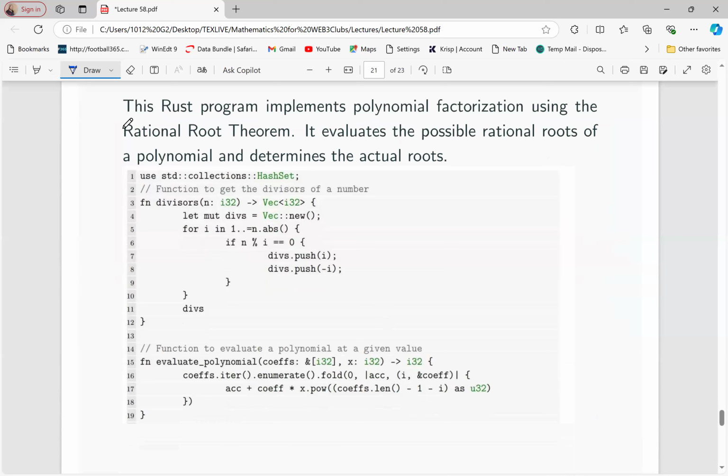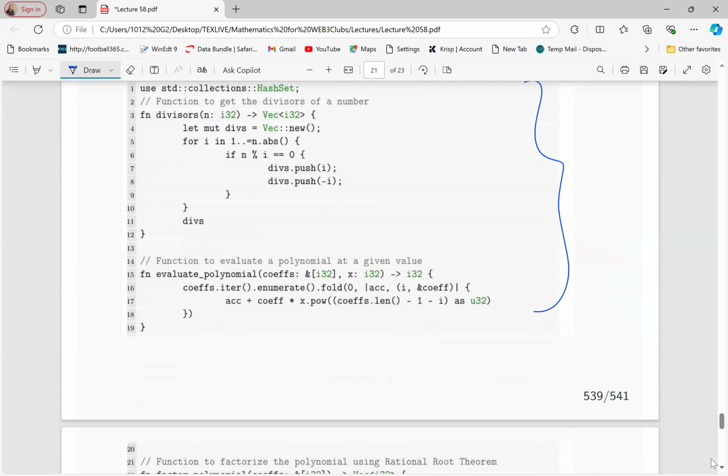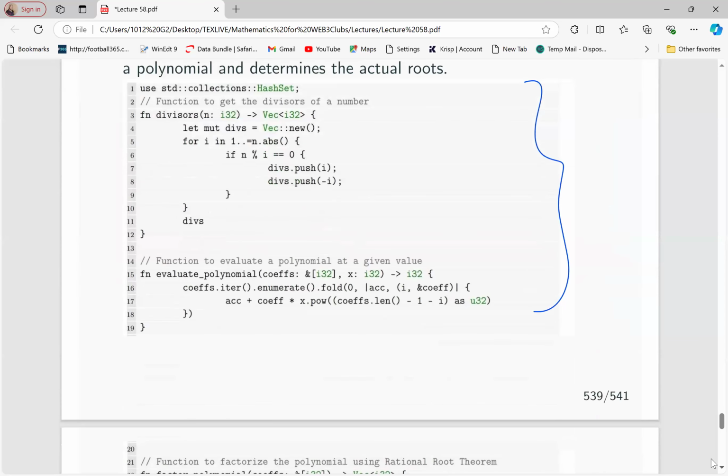Now, this method of rational roots, its implementation in Rust is here. It will do the roots for you, and you can see it's using that push. So after dividing by i, it pushes if i is a root, so if i divides that polynomial.